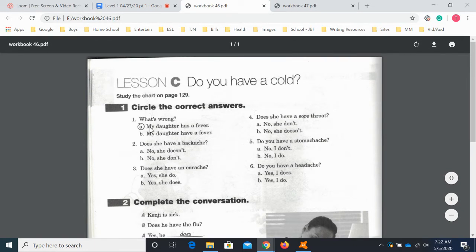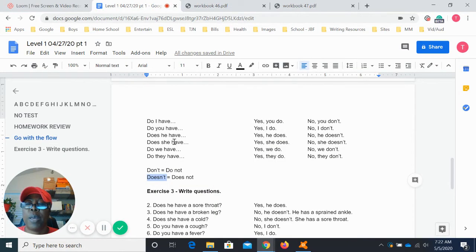What you would do is take the subject, my daughter, and replace it with a subject pronoun. Since daughter is a girl, we would replace daughter with she.